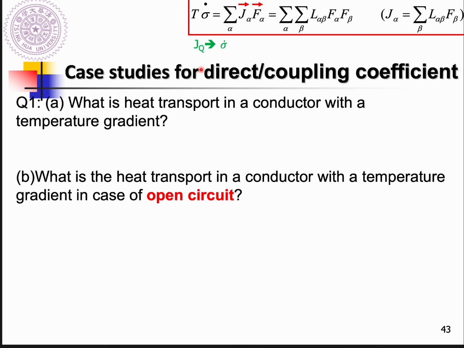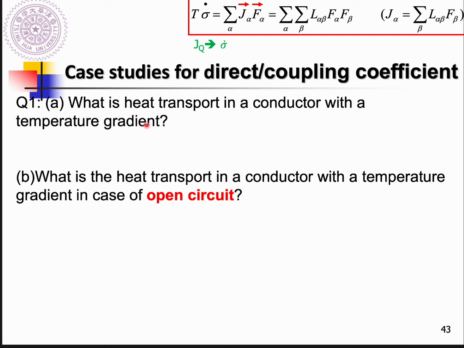The first case we want to show you is related to heat transport. The purpose here is to explain the relationship between thermal conductivity and the direct coefficient. So question one: what is the heat transport in a conductor with a temperature gradient? Heat transport usually means kappa. So now you have a conductive material, and we apply a temperature gradient on it.